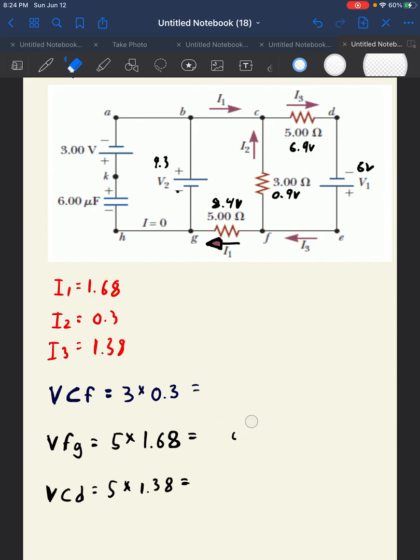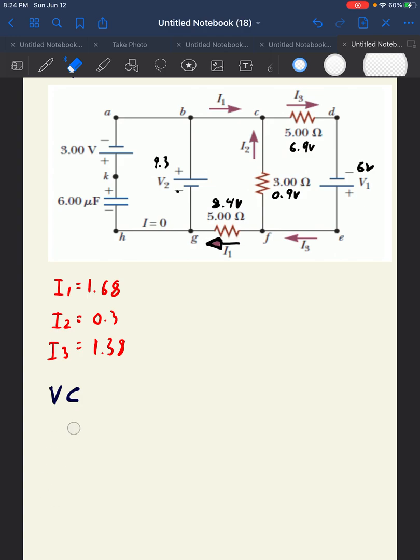Now that we know the voltage across each of these batteries, we could prove that 1.68 amps is going through 9.3 volts because we could show Kirchhoff's junction rule, which would be the overall loop.